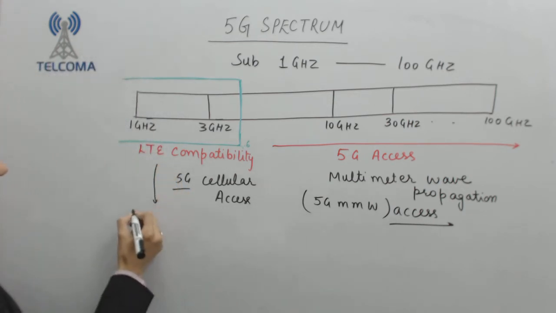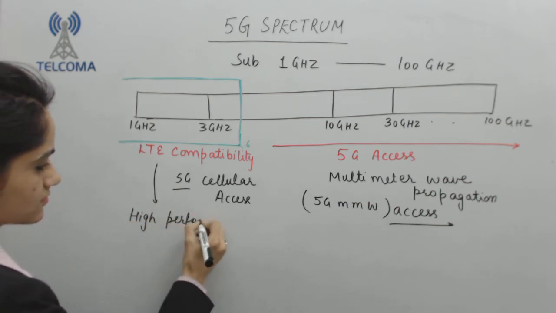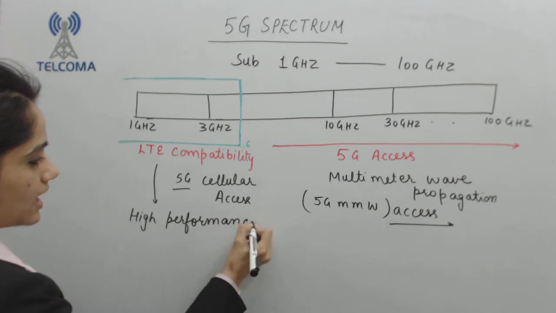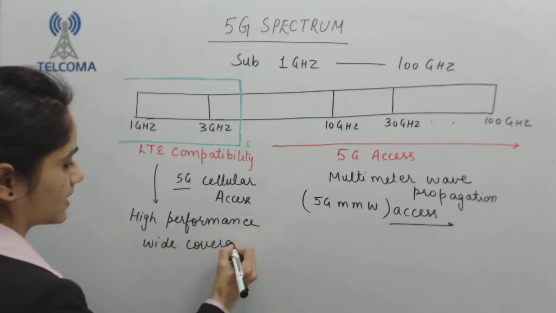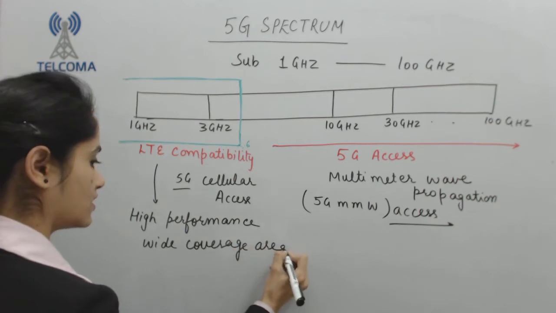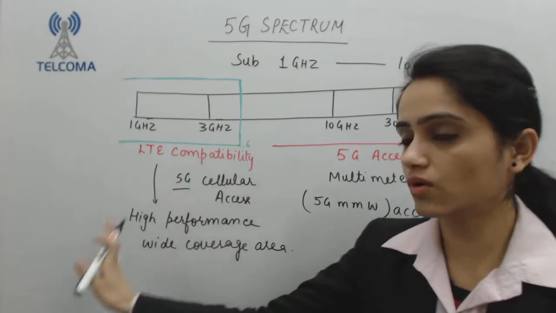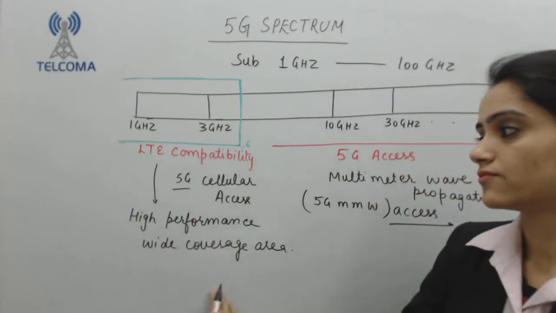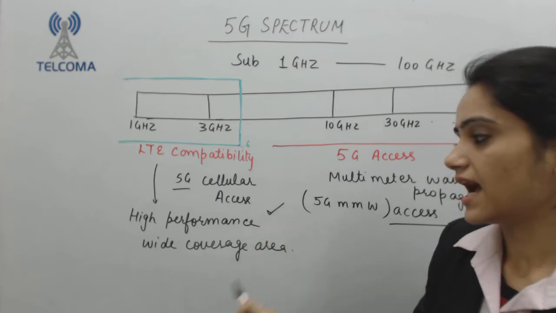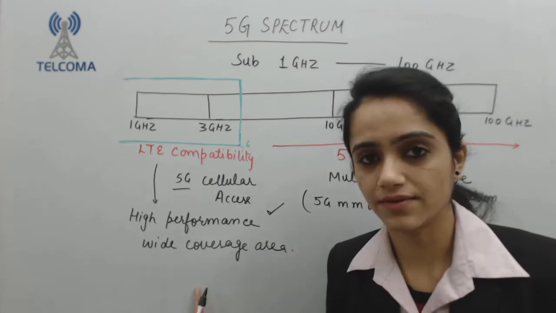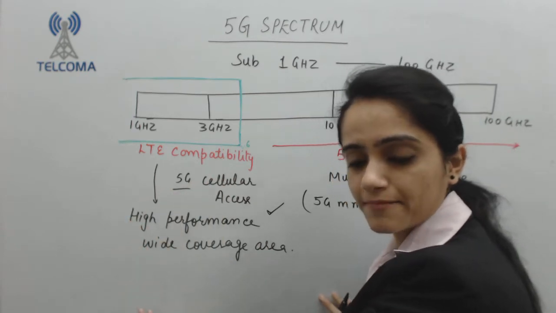Within this band, which I can call the lower band, if I use it for 5G cellular access, we can have high performance and a wide coverage area within a specified limit of this band.